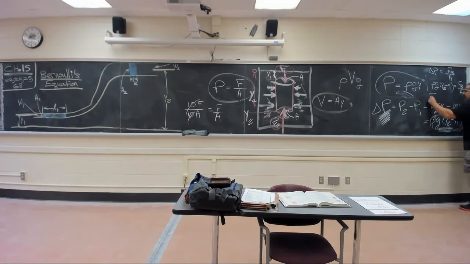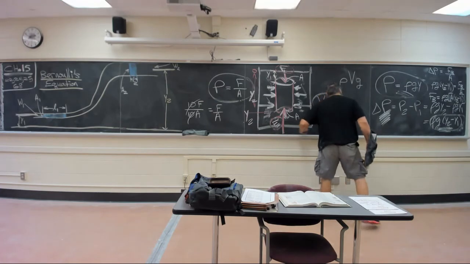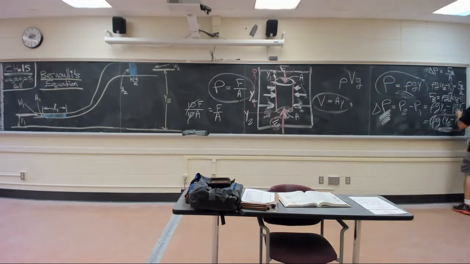Multiply by A on each side. Put the FB right here. Maybe this will give you a little bit of a hint. FB equals rho g, the base area, times the difference in the depths.